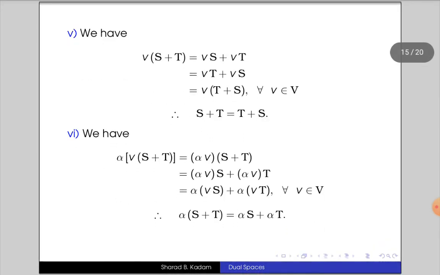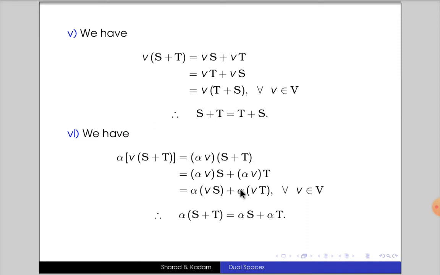Next, sixth property. So (alpha into (S plus T))(v) equals, by the way of defining the binary operation, (S plus T)(alpha v), which equals S(alpha v) plus T(alpha v).